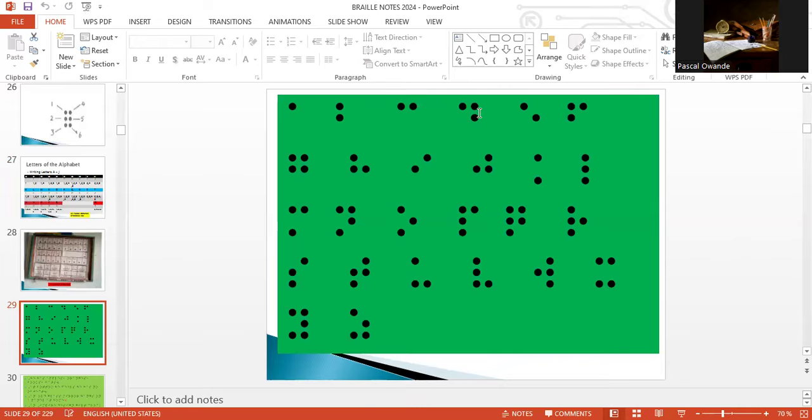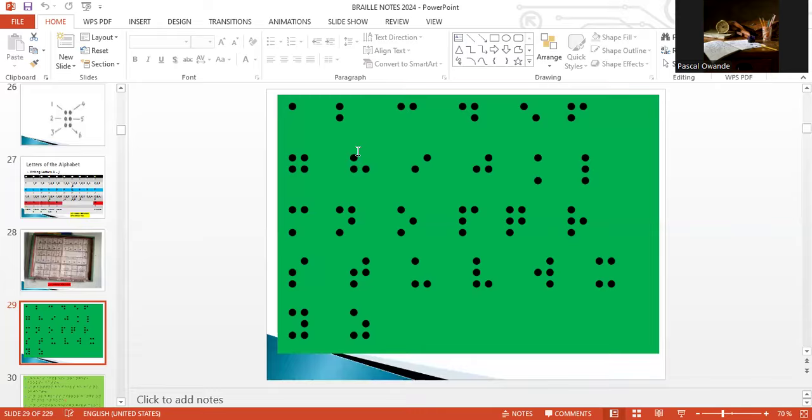Followed by letter D, dot 1, dot 4, dot 5. Followed by letter E, dot 1, dot 5. Followed by letter F, dot 1, dot 2, dot 4. Followed by letter G, dot 1, dot 2, dot 4, dot 5.